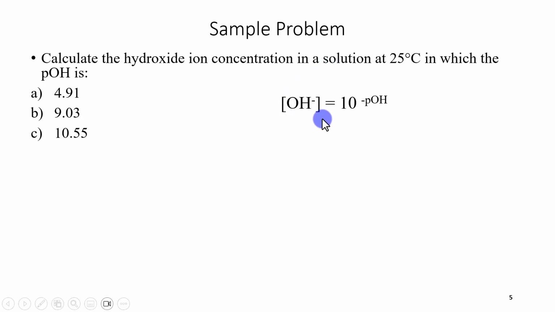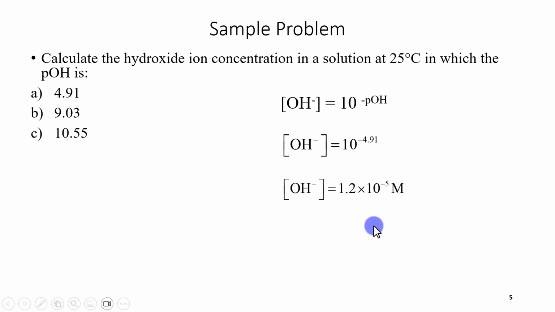The OH minus concentration is equal to 10 raised to the minus pOH value. Or doing A for you, OH concentration is equal to 10 raised to the minus 4.91, which is the pOH value. That then gives me a value for the OH minus concentration of 1.2 times 10 to the minus 5 molar.